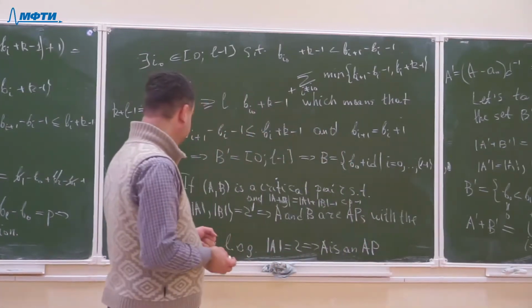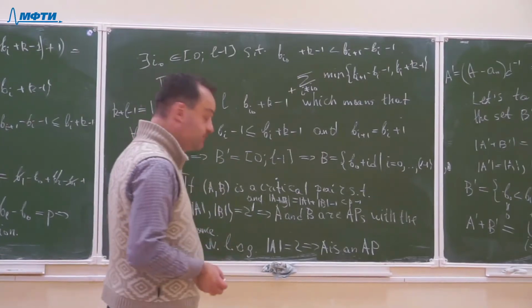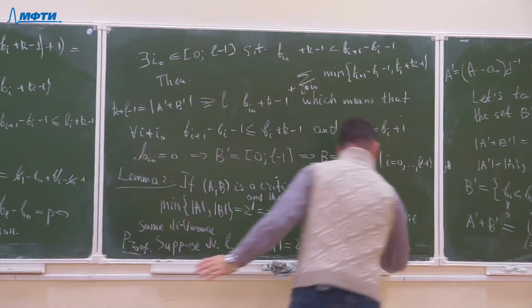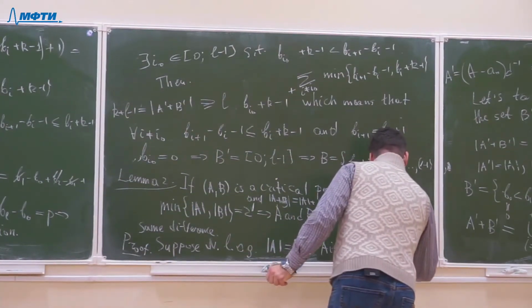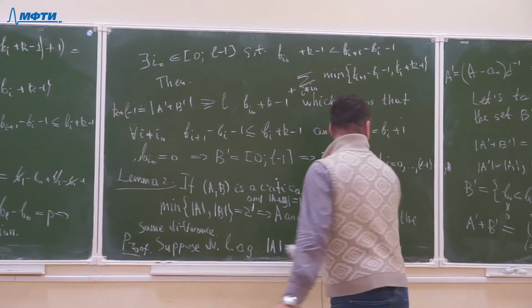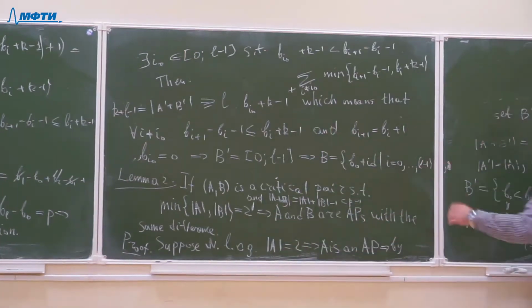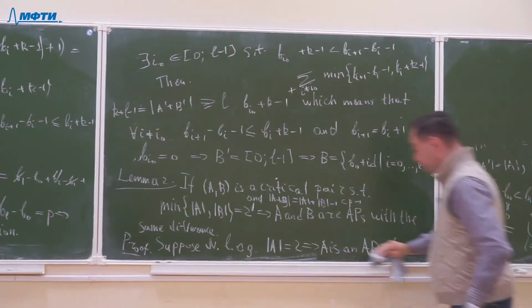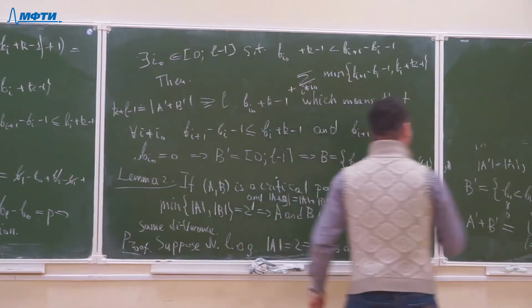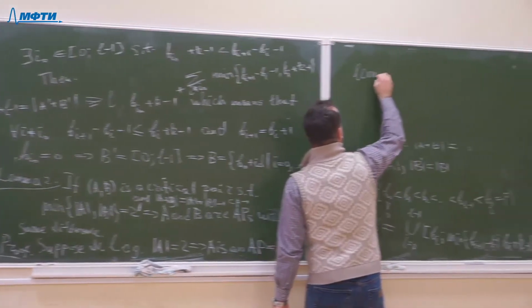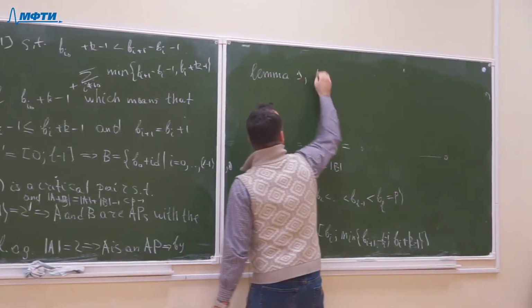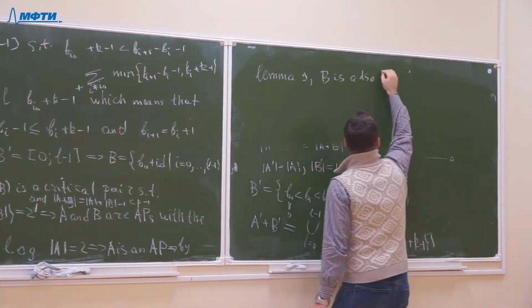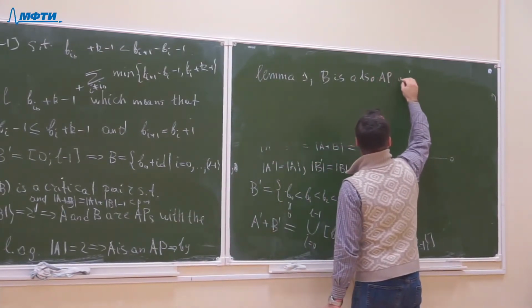Then by lemma 1, B is also an arithmetic progression with the same difference.